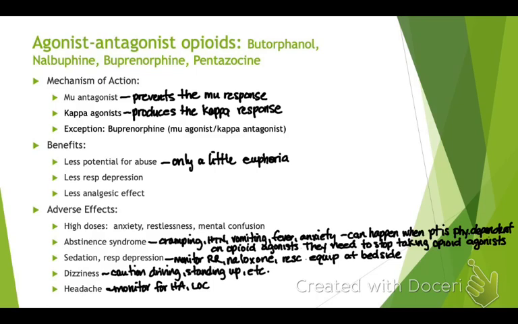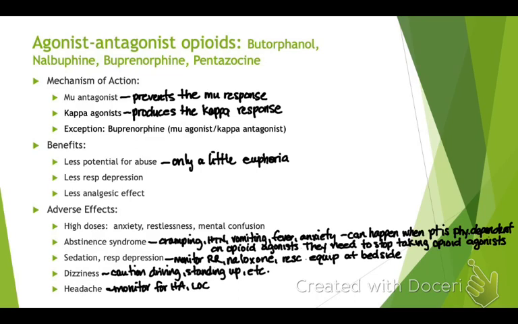Adverse effects that you will see with this class, when given in high doses, it can create anxiety, restlessness, and mental confusion. You will have abstinence syndrome, which is physical cramping, hypertension, vomiting, fever, anxiety.